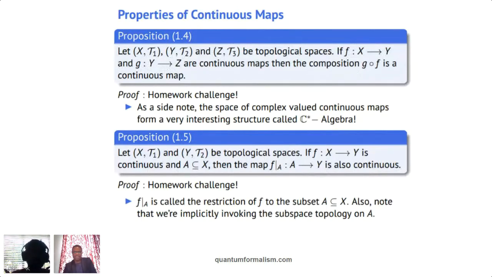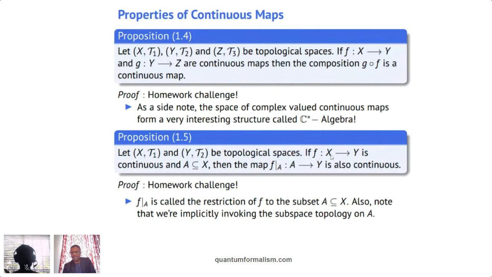And this is just a side note. We will come to this in the functional analysis crash course: the space of complex valued functions forms what we call a C-star algebra. This is a very important thing. We'll come back to this. And here's another proposition. This one is a little bit harder, but you can try this.